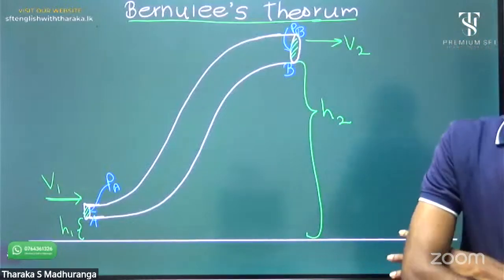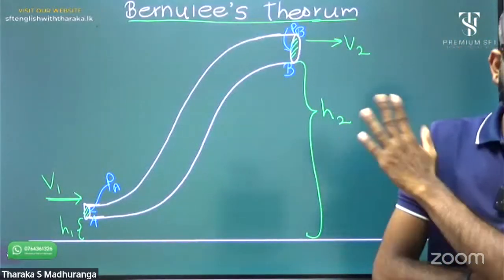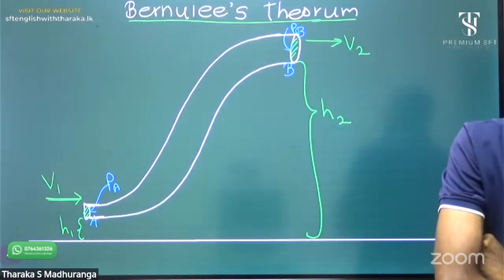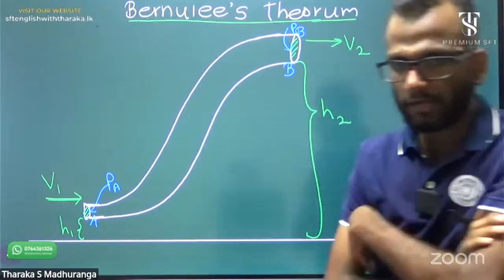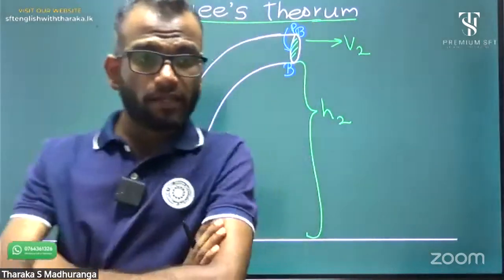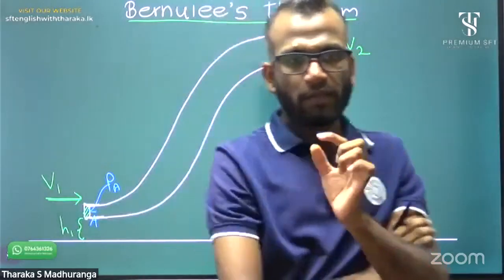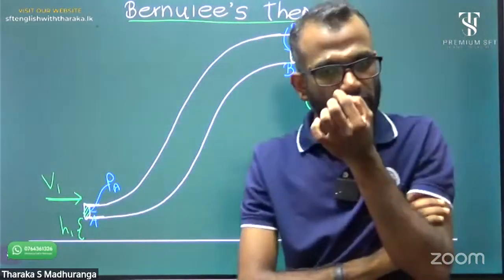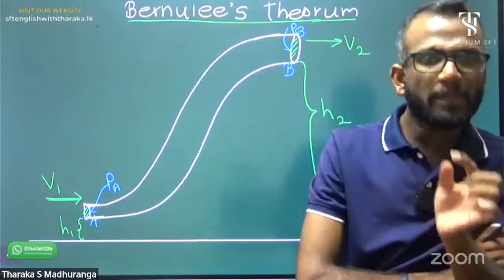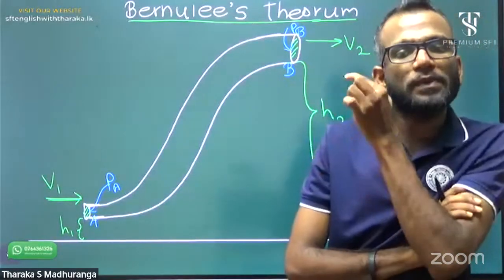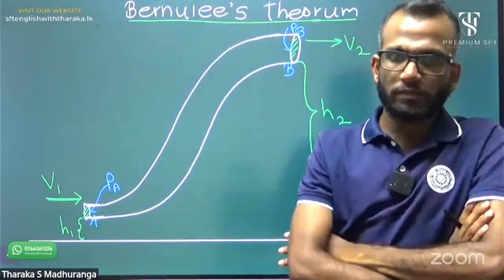Now, what is the name of this tube? It is a stream tube with A and B ends. A side: height H1 from ground level, flowing velocity V1 and pressure PA. B side: height from ground level H2, pressure PB and velocity V2.